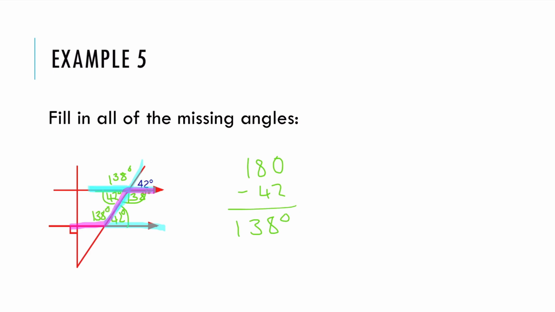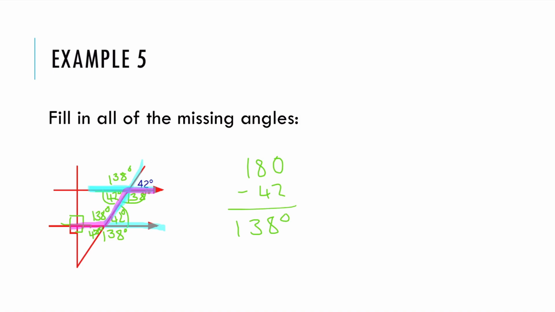Using X angles, I know that this angle here must be 138 and that this angle here must be 42. I know that because this is a straight line and one side of it is 90 degrees, the other side must also be 90 degrees. Using X angles or straight lines, I can say that every angle here must be 90 degrees.